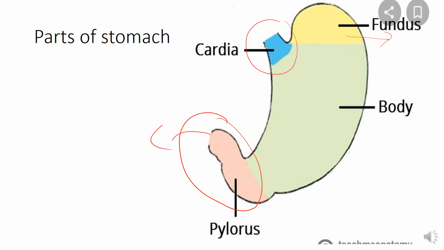So grossly we divide the stomach into four parts, but histologically the features of fundus and body are the same. So we divide histologically the stomach into three parts: the cardia region, the fundus plus body region, and then the pyloric region.